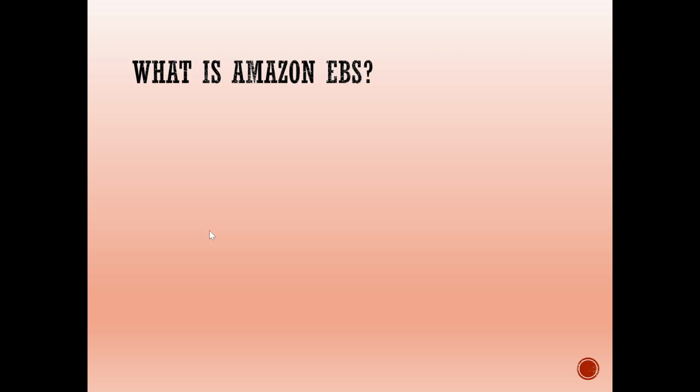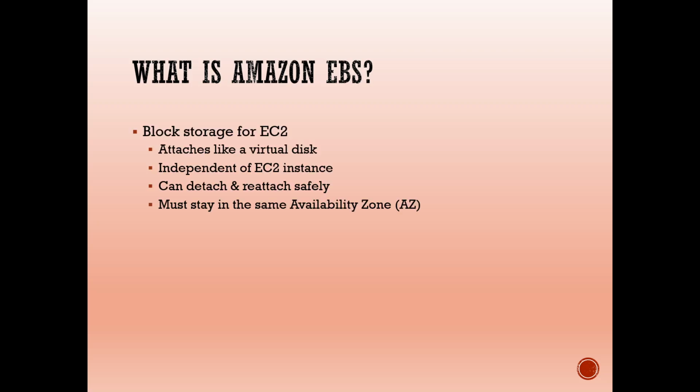Next we'll see what is Amazon EBS. It's basically block-level storage for an EC2 instance and appears as a virtual disk when attached to an EC2 instance. It supports file systems like ext3, ext4 and XFS.